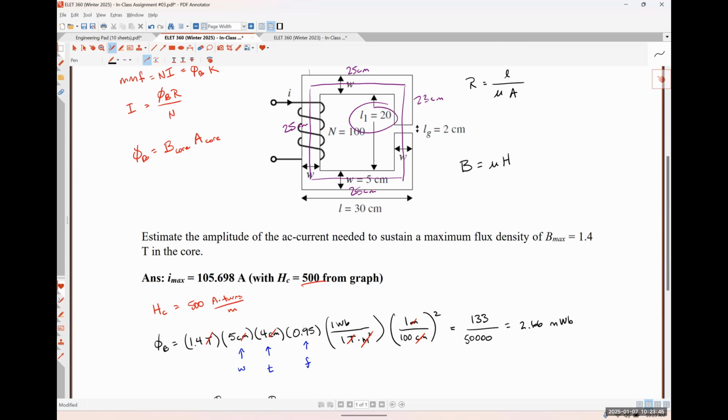Now notice, I want to do something really quickly here. Usually, mu, the way that we've been doing it, has been our relative permeability times the permeability of free space. That is not what we're going to do here because we don't need to. If we have B and we have H, the ratio of those is just mu with all the right units and all that kind of stuff from the jump. We don't need to do anything else, okay?